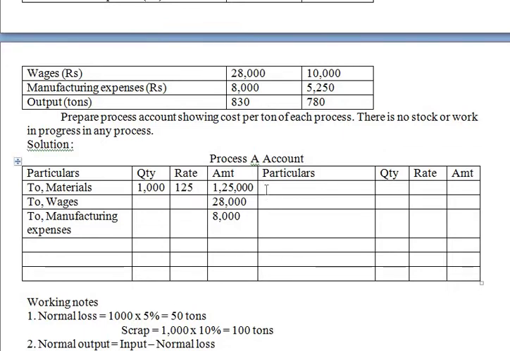Now how we are going to show these two? Now process account credit side by normal loss. Normal loss. Okay, in that total loss, we have only quantity, that is 50 tons. We don't have rate as well as amount. Now next comes the scrap.